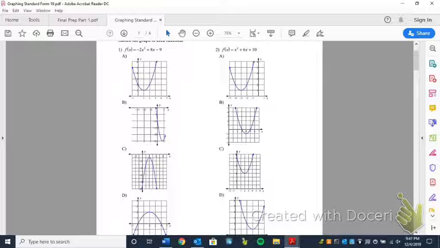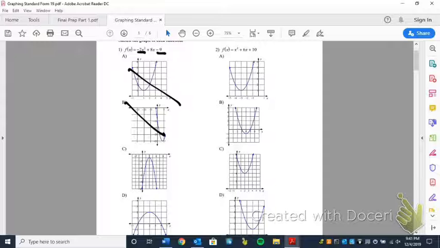So, number 1, we notice that number 1 says negative 2x squared. So because A is negative, that means it opens down. So we can immediately get rid of those two.